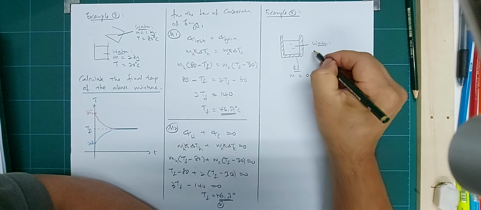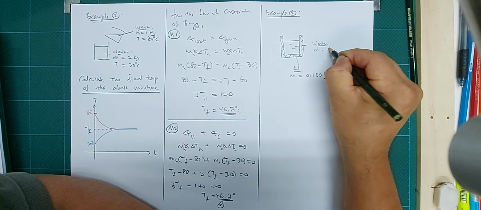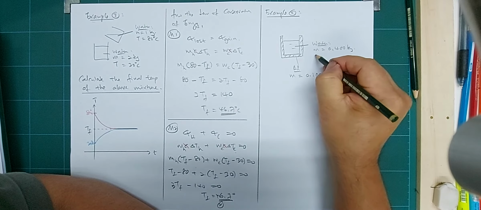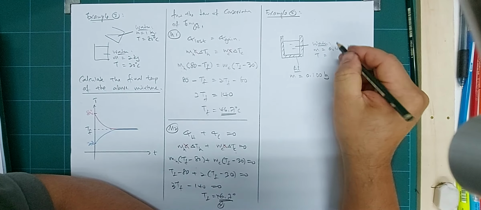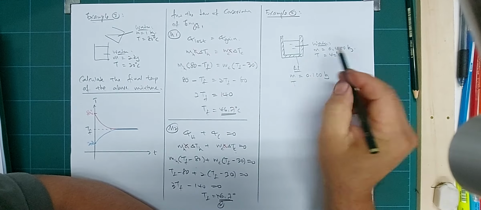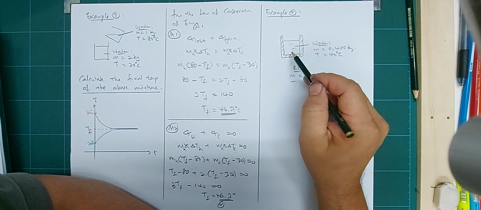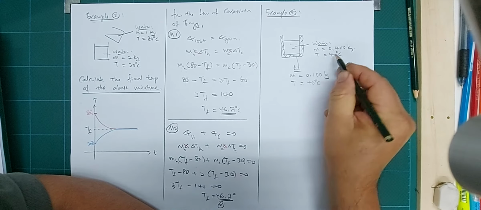Let's assume the mass of water is 0.400 kilogram, 400 gram. The temperature for the water is, let's say, 40 degrees Celsius, but since the water is contained by the aluminum cup, the temperature of the aluminum cup initially must be the same.